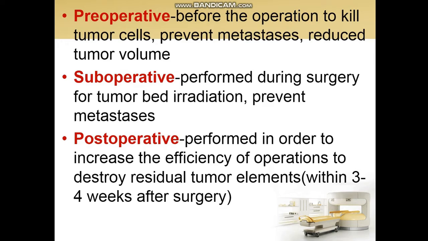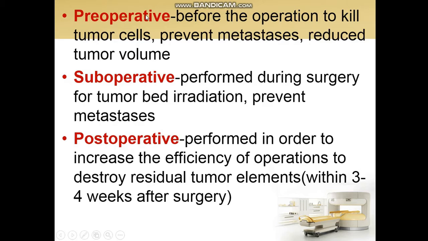In practice, radiotherapy is used in different forms, and it depends on tumor size, tumor sensitivity, and other factors. And we have three main application forms of radiotherapy: pre-operative radiotherapy, suboperative radiotherapy, and post-operative radiotherapy.